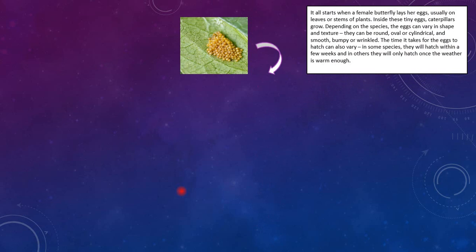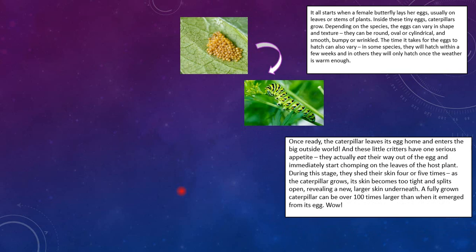And after the eggs, it goes on to the caterpillar. So once ready, the caterpillar leaves its egg home and enters the big outside world. And these little critters have one serious appetite. They actually eat their way out of the eggs and immediately start chomping on the leaves of the host plants.